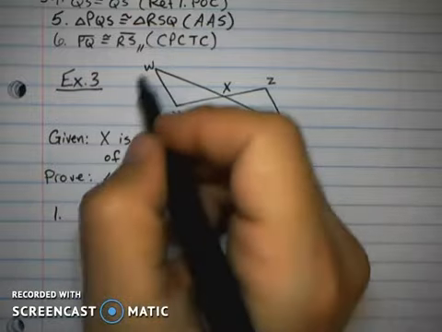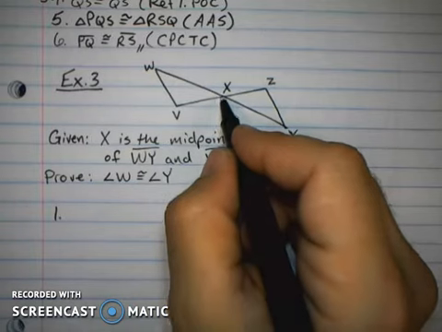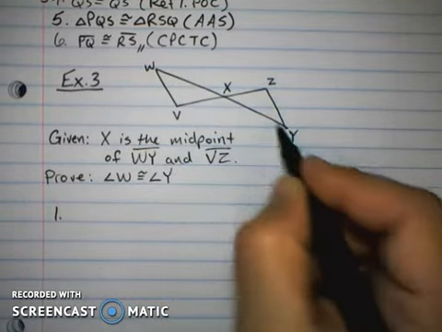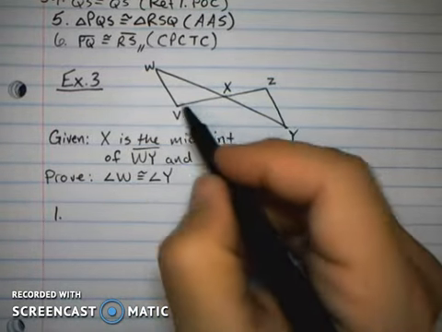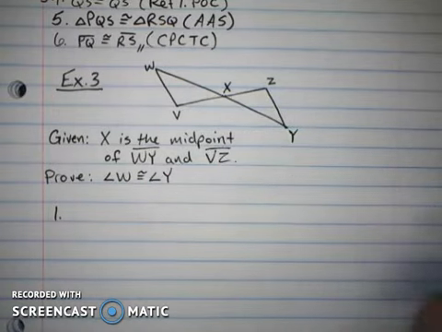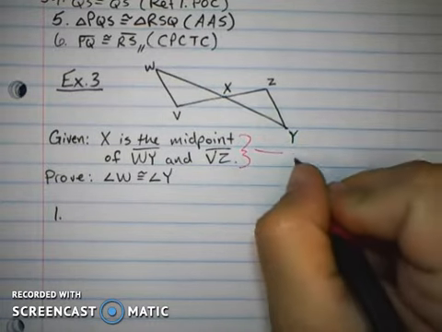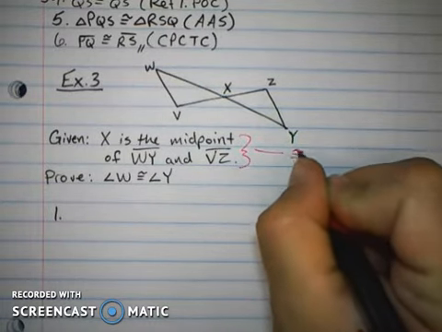Okay, we have this drawing. We have two triangles, and we're told that X is the midpoint of both of these segments, WY and VZ. So if X is the midpoint, that leads us to a second idea, that we have congruent segments.